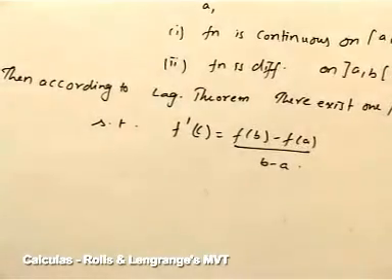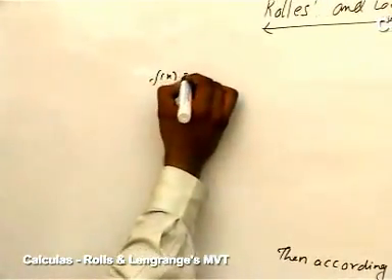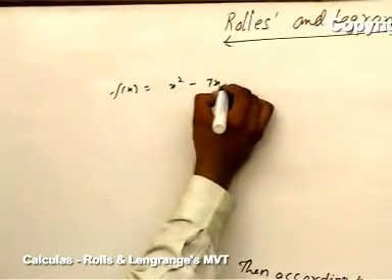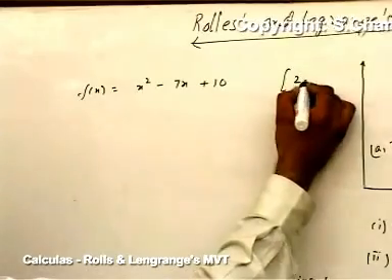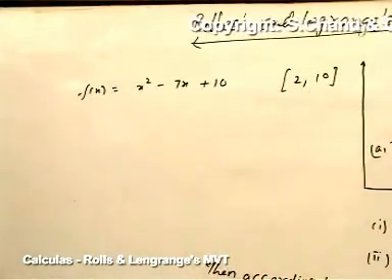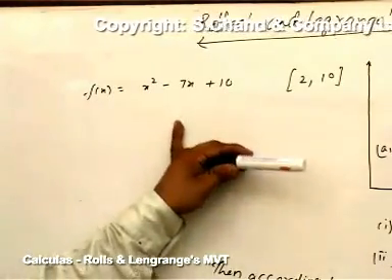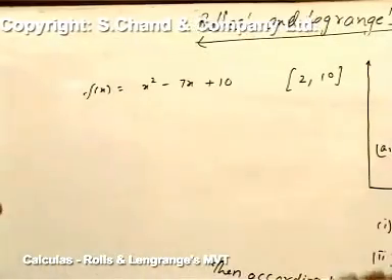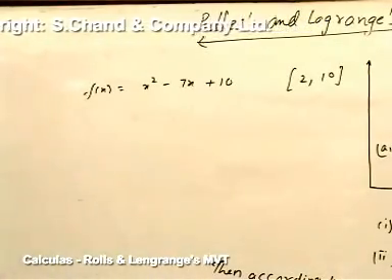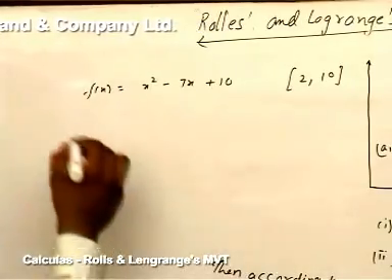Now let us consider an example of f(x) equals x square minus 7x plus 10 over the interval 2 to 10. Since this function is definitely continuous because it is a polynomial function, and it is also differentiable because it is a polynomial function, let us apply Lagrange's theorem.